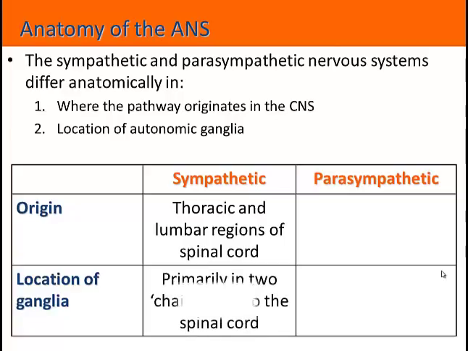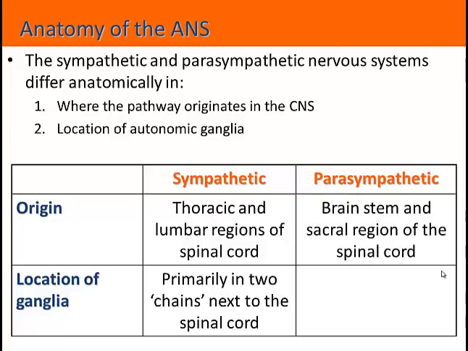The ganglia reside in two chains next to the spinal cord, and we'll discuss the sympathetic chain in a second. The sympathetic system has very short preganglionic neurons that go to these sympathetic chains, which reside right next to the vertebral column. And then from those ganglia, they have very long postganglionic neurons that project towards the target.